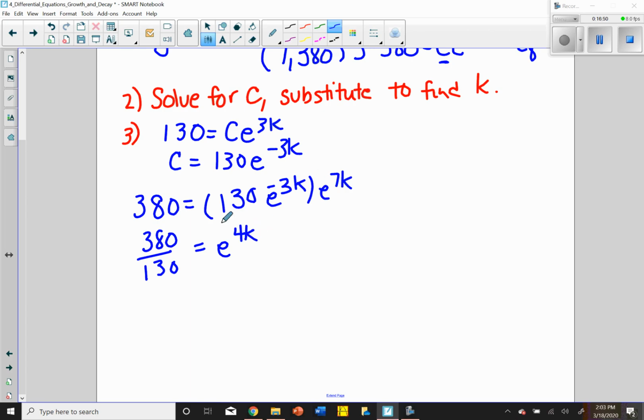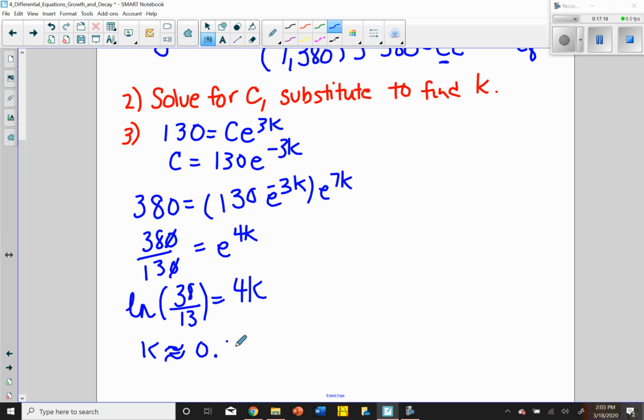Keep the base, add the exponent, can divide through by 10, and take the natural log of both sides. So the natural log of 38 over 13 is equal to 4k. Solving for k, that's 1/4 of the natural log of 38 over 13.